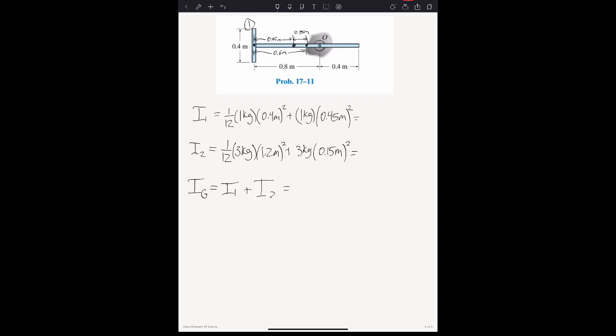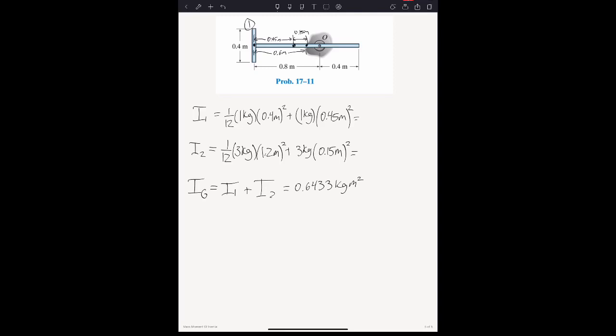Okay. So 1/12 times 1 times 0.4 squared plus 1 times 0.45 squared plus 1/12 times 3 times 1.2 squared plus 3 times 0.15 squared is equal to 0.6433 kilogram meters squared.